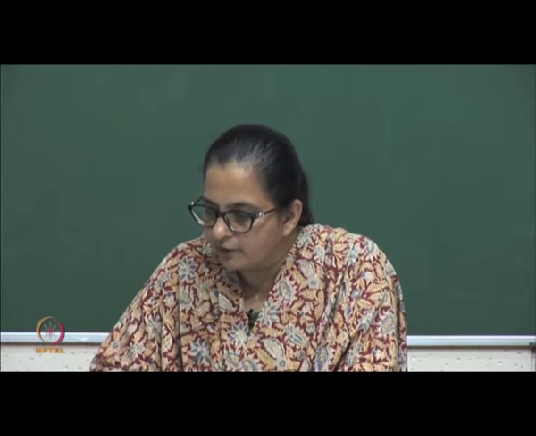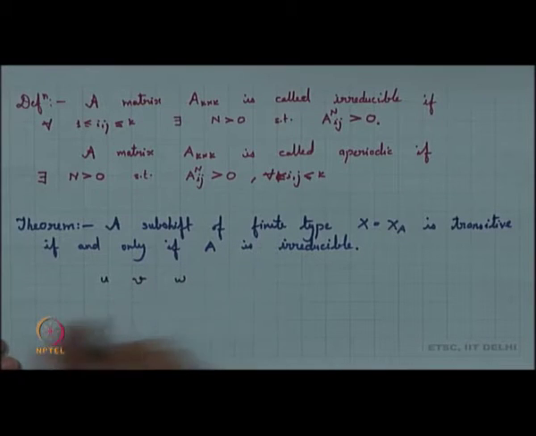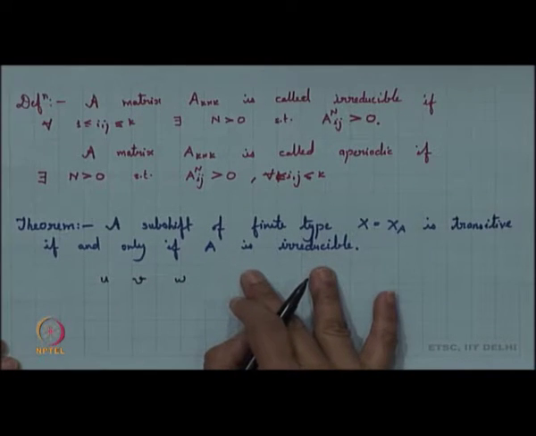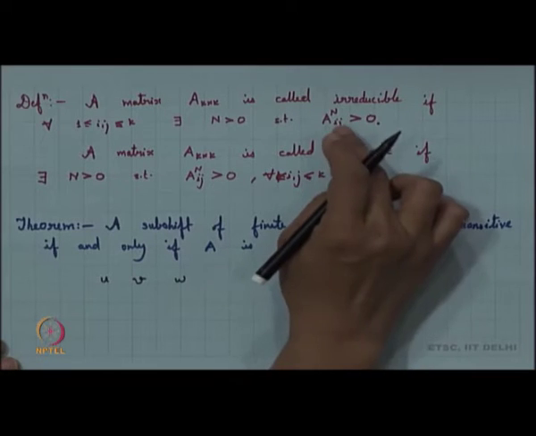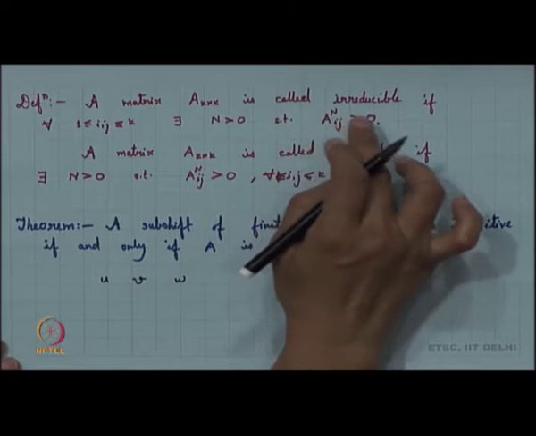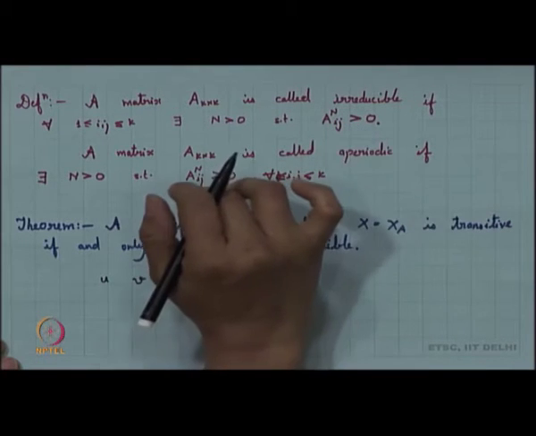So, we want another word v coming up in between u and w. And what does it mean to say that A is irreducible? It means that whenever I take an i and j, there exists an n such that a^n(i,j) is strictly positive. What does that mean?